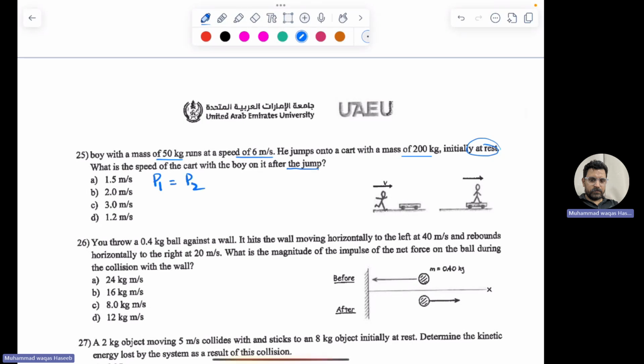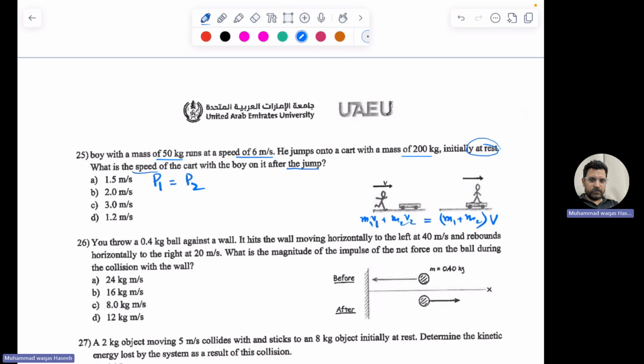Before, we have the boy with momentum m1 v1, which is moving, and the cart m2 v2. After the collision, because the boy will be on the cart, their combined mass is moving with this combined velocity.